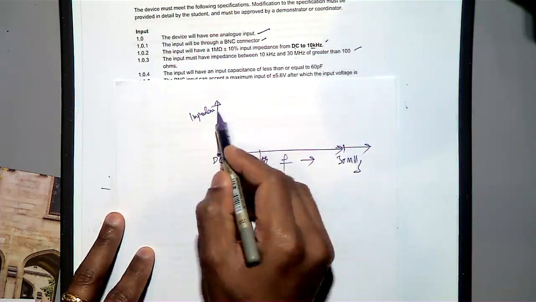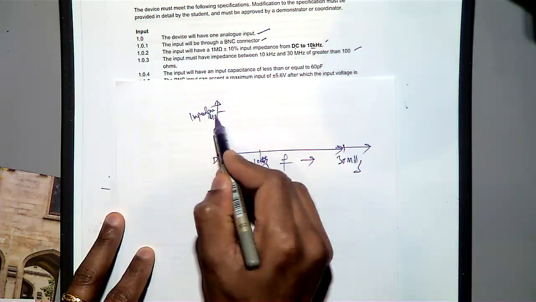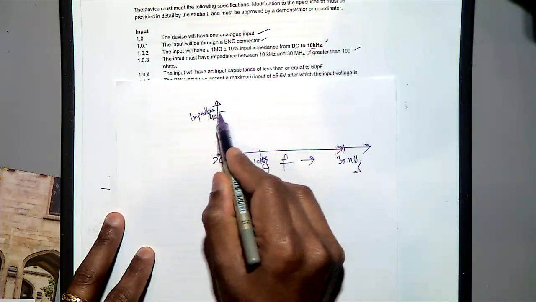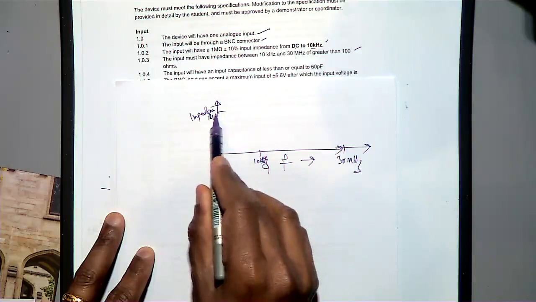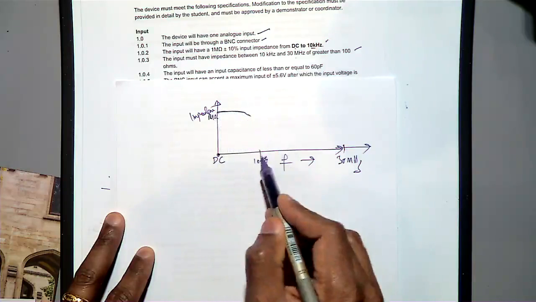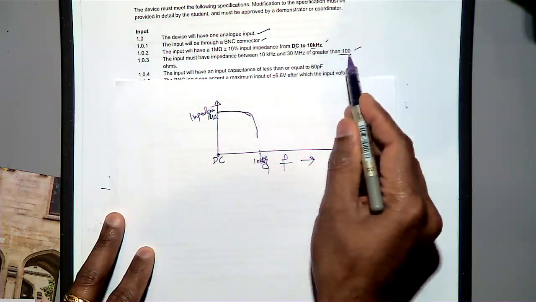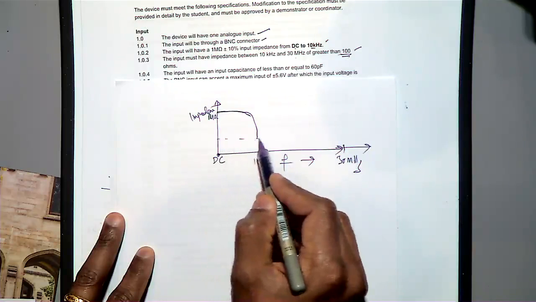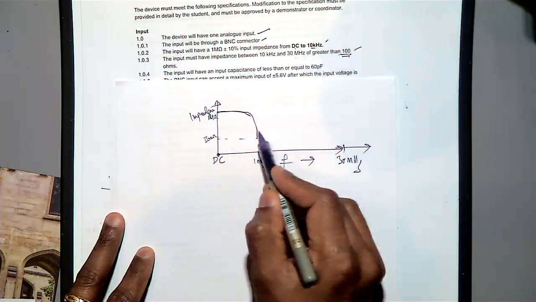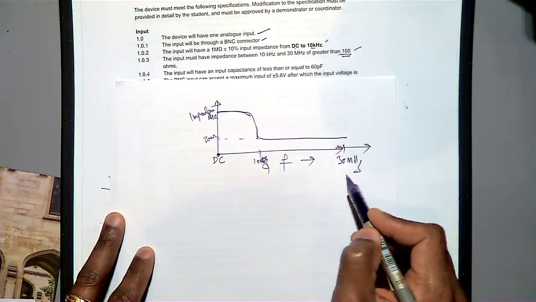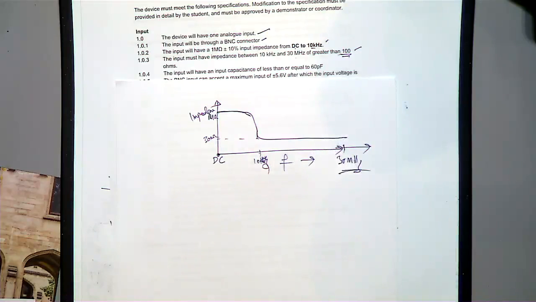So this is 1 megaohm. When you do the impedance measurement, it should be 1 megaohm up to 10 kilohertz. Then at least it should be greater than 100 ohms. Say you got 300 ohms, that is good, up to 30 megahertz. So you should get that.